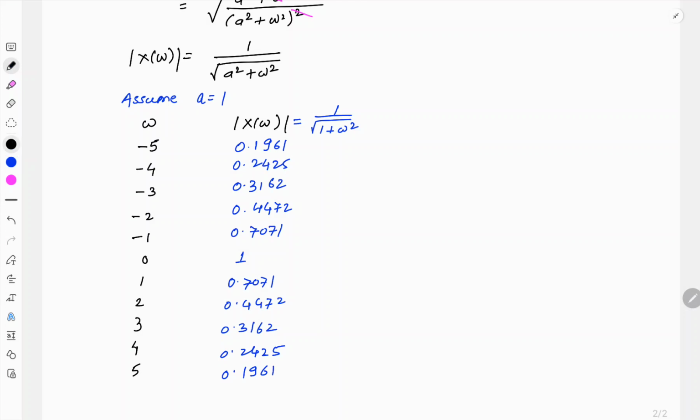And now we need to plot the amplitude spectrum. So this spectrum will be omega versus mod of X of omega. So we'll plot the values from -5 to +5.